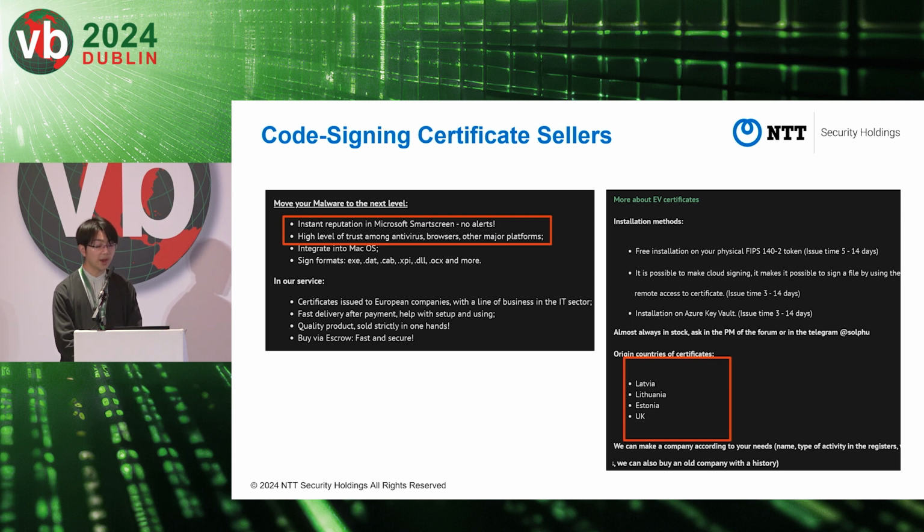This is a post made by a certificate seller on the dark marketplace. It claims that using signed malware can bypass detection by Windows SmartScreen, browsers, and antivirus products. Additionally, the Baltic states and the UK are listed as the origin countries for the certificates they issue.